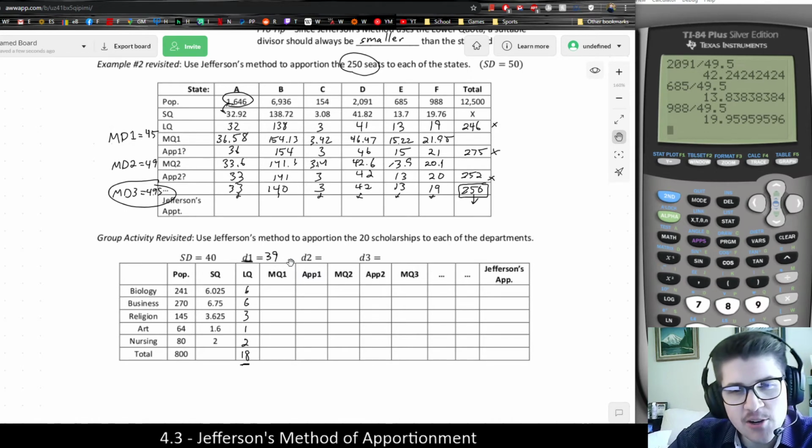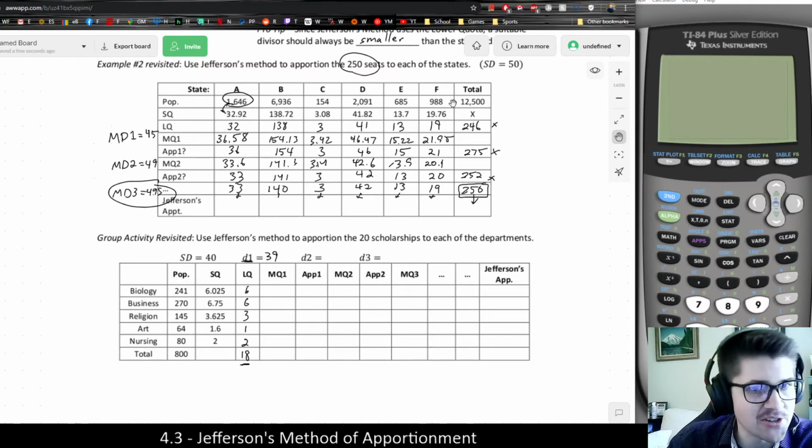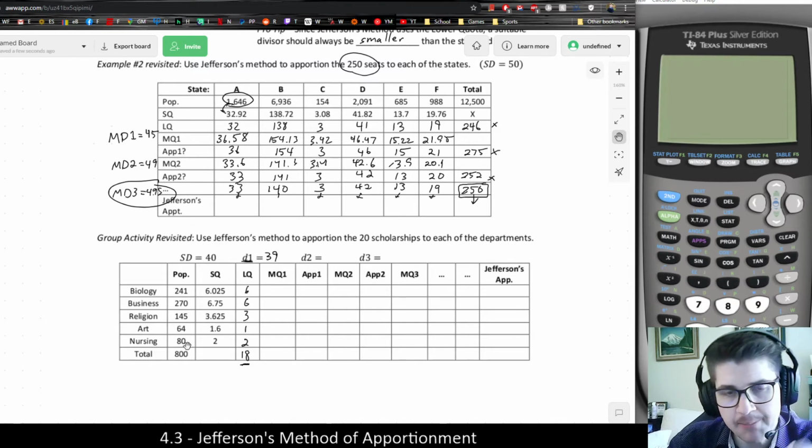And if you're wondering, how would I know all of this? It really depends on the original numbers and the ratio to the divisor. So just a rule of thumb for you guys, the smaller the numbers are, the more you want to change the divisor. The larger the numbers are, the less you want to change it. Because with bigger numbers, a smaller difference will make a bigger impact. But with smaller numbers, a small change won't make as big of an impact, if that makes sense.